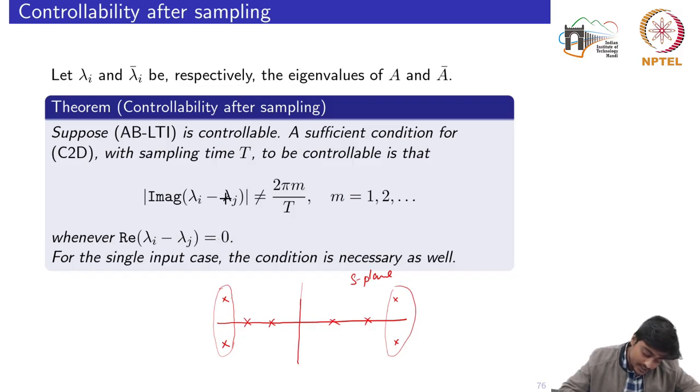And only in those cases we would check the imaginary part of that difference. If that imaginary part of the difference is not equal to 2 pi m by t, where t is the sampling time, then we say that the discrete time system is also controllable. Okay.